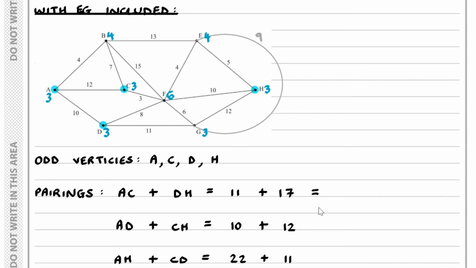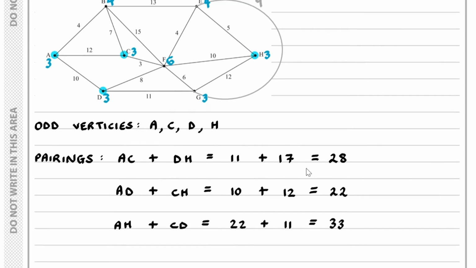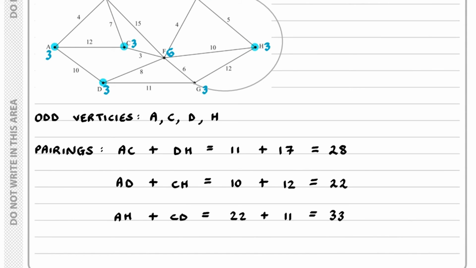So working out the totals, in this case, we've got 28, 22, and 33. So the smallest number we see here is this 22.